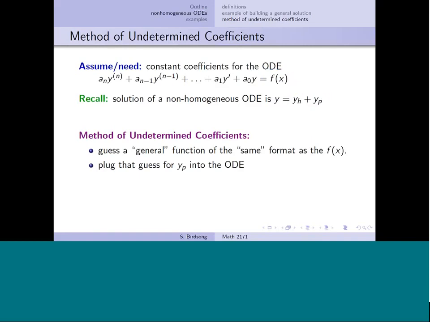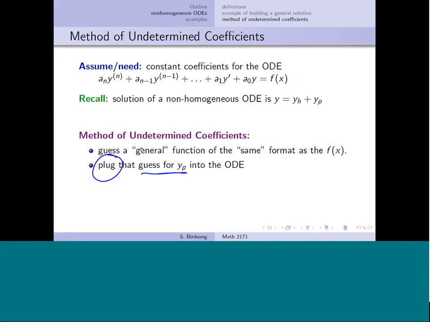So once you have your guess for your particular solution, we're going to plug that guess into our differential equation. So you have to compute all the derivatives of whatever you think the particular solution should look like. You plug it into your differential equation, you make the equals stay equals, and you'll solve for anything that you don't have. Hint, as soon as we get this general form of our guess, you'll see what I mean by solve.